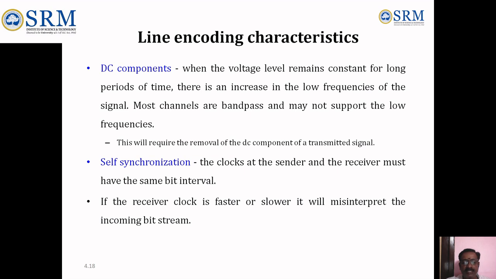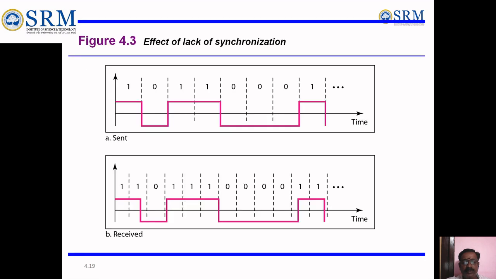The second characteristic is self-synchronization. The clocks at the sender and the receiver must have the same bit interval. If the receiver clock is faster or slower, it will misinterpret the incoming bit rate. The effect of lack of synchronization is shown in this slide.